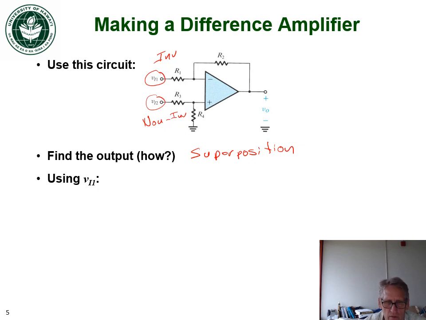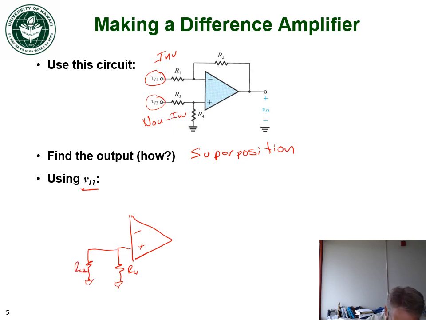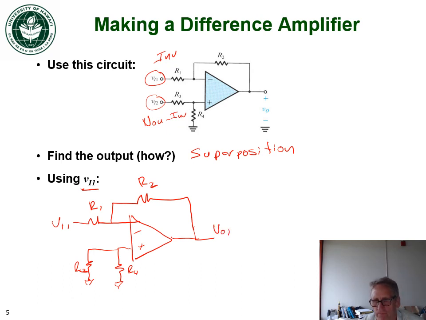So in the first case, what we're going to do is look at VI1, right? And so to do that, we're going to take our amplifier and we're going to ground VI2. So we're going to have R4 that goes to ground. We're going to have R3, which goes to ground. And then we're going to have our input here, VI1. This would be R2 and R1, and we'll call this V out 1.